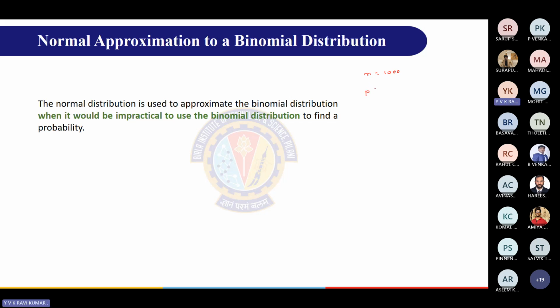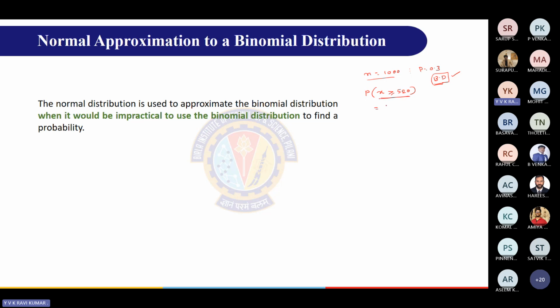We want to find P of x greater than or equal to 520, where p is given as 0.3, and this follows a binomial distribution. So actually it is a binomial distribution problem where n equal to 1000, p is 0.3, x greater than or equal to 520.